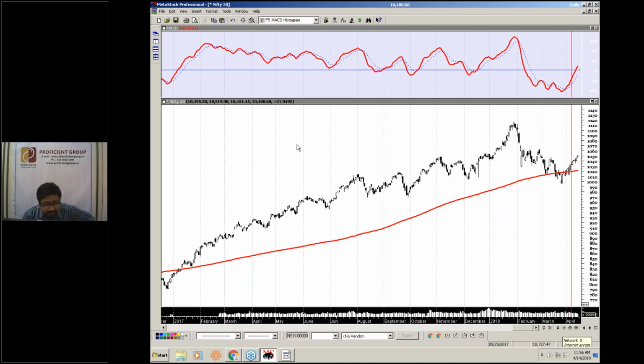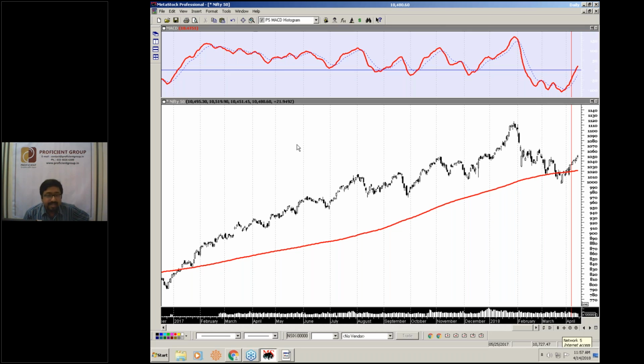Only thrice, in August of 2017, in October of 2017, and in December of 2017, MACD came below the zero line for a brief period of 1 or 2 weeks, and again it went swiftly higher. It was only in the second week of February 2018 that MACD again came below the zero line and stayed there for a significantly long period, and very recently, only this week, MACD has again gone above its zero line.